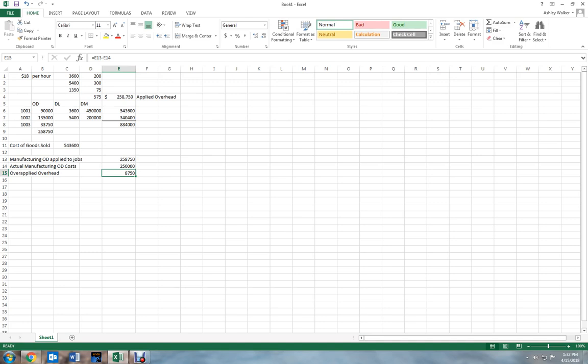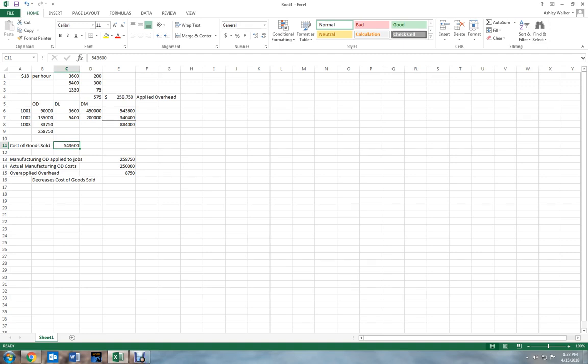So remember what that's going to do to our cost of goods sold. Over applied overhead decreases cost of goods sold, because we anticipated spending $258,750, but we only spent $250,000. So this is going to decrease our cost of goods sold. So for job number 1001 sold, that's our cost of goods sold.